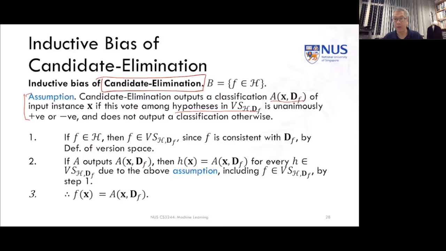Otherwise, it's not going to output any classification. So if this particular instance satisfies this assumption, then it is going to be in the target concept. So this means the inductive bias of the candidate elimination algorithm is very simple. It just assumes that the target concept is actually within our hypothesis space.